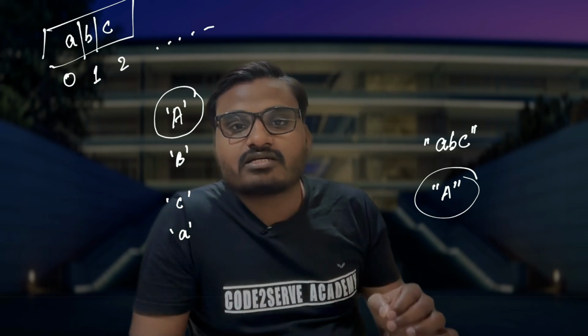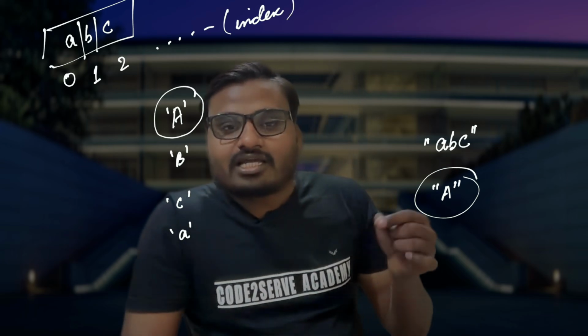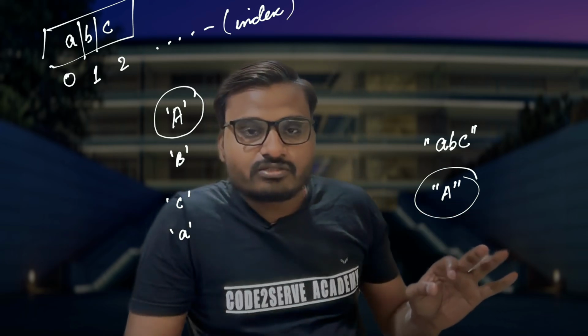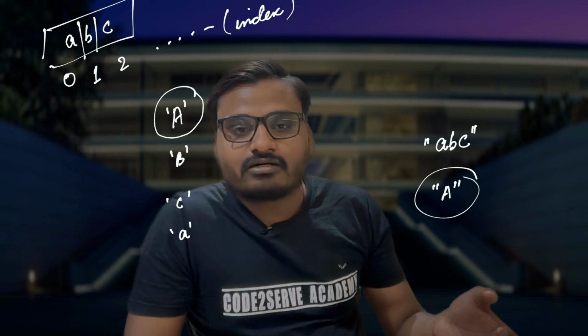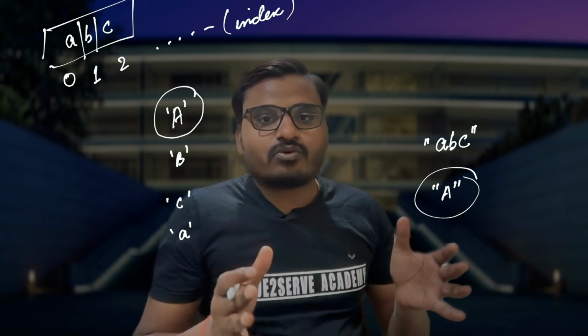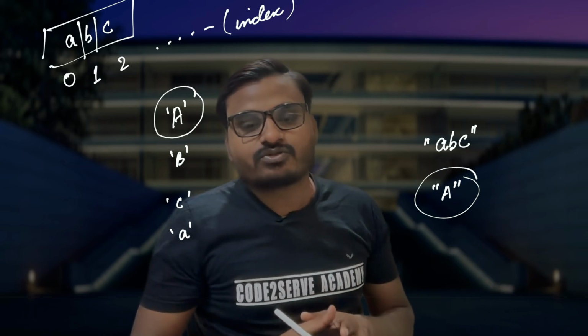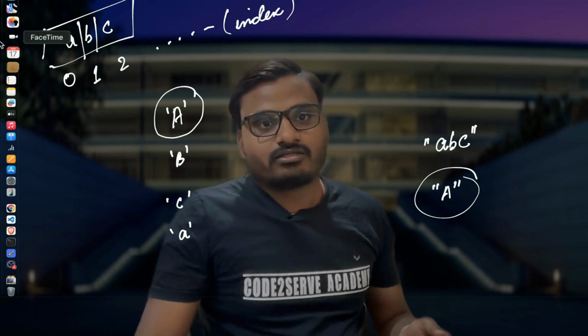Similarly, if I say index 1, 2, and so on, it represents the character at that particular position, and we call this the index. So at any given position, we will find a character inside that length. Okay, so this was the basics of what a string is, and we are going to see how to declare a string in the upcoming section.